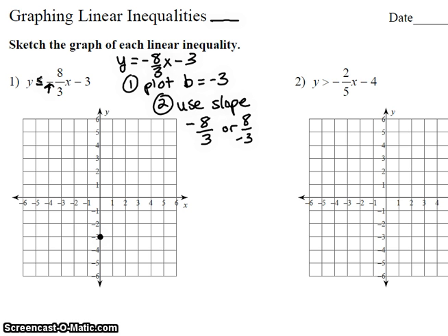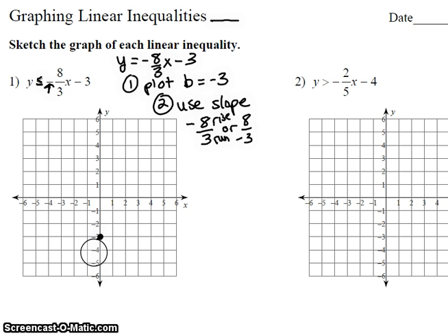Now we're going to plot our second point. So we have to go to negative 3 on the y-axis, because that's our y-intercept. And we have to go down 8 and over 3, because that's our rise and run. But if I go down 8, I kind of go off the graph, so I'm not going to do that.